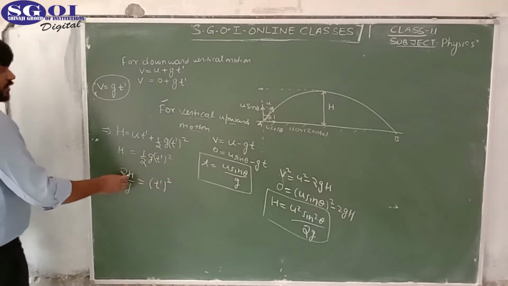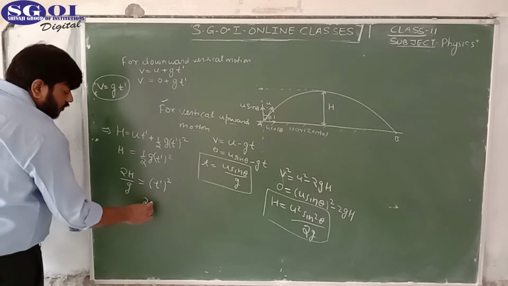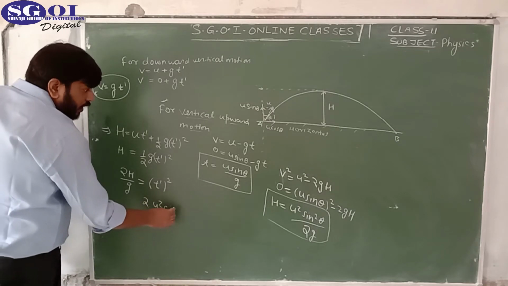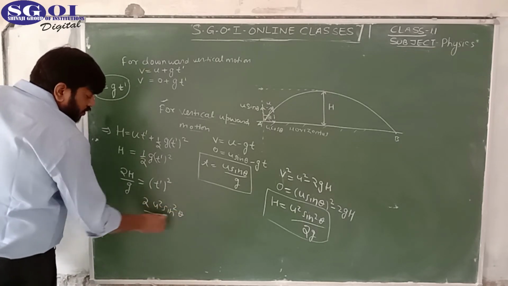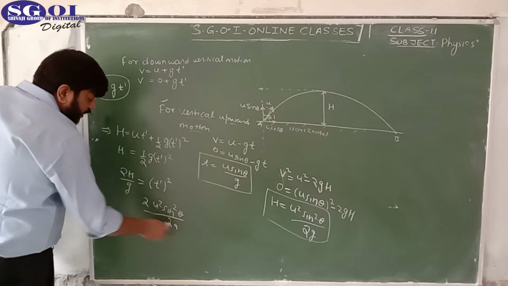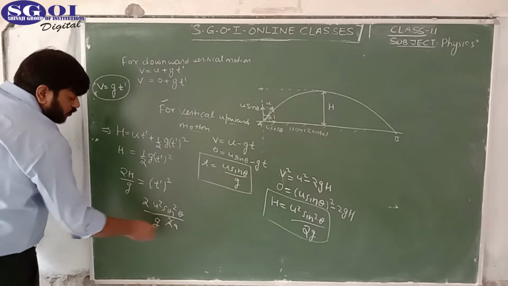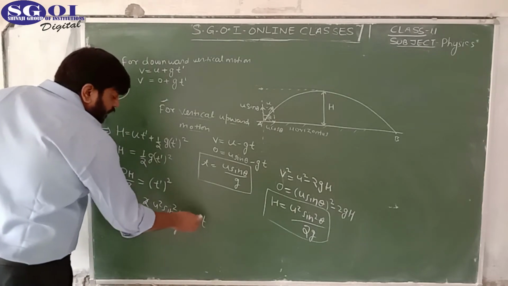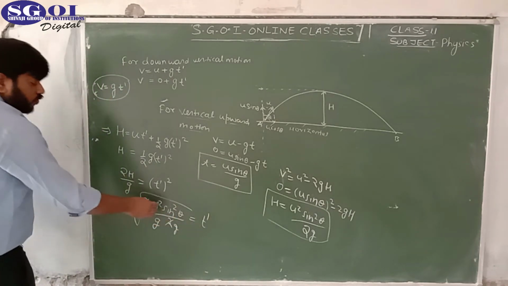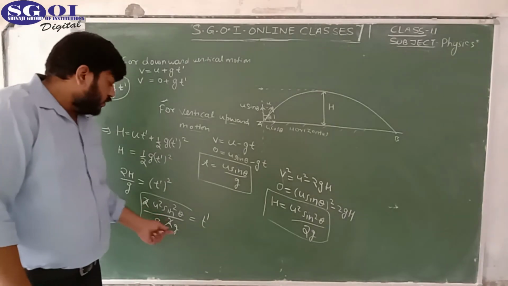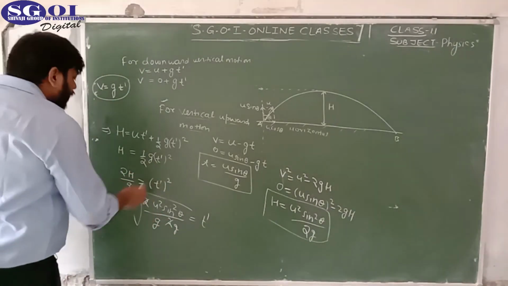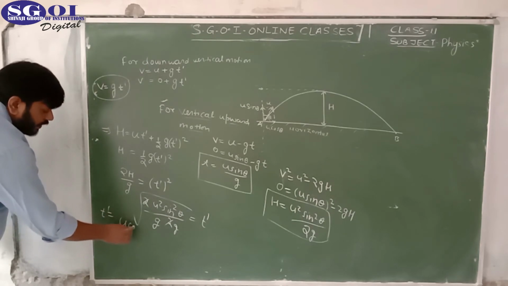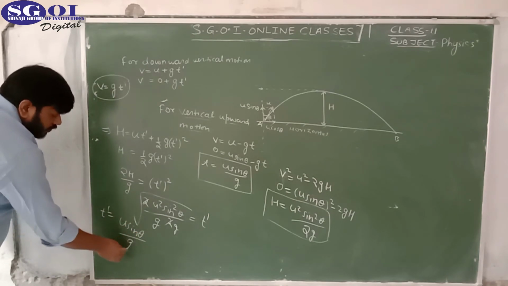If we put the value of h, we get 2 u square sine square theta upon 2g, and there is also a g, so the 2s cancel out, and it would be t dash square. If we take the square root, this is u square sine square theta upon g square, so finally t dash is equal to u sine theta upon g.